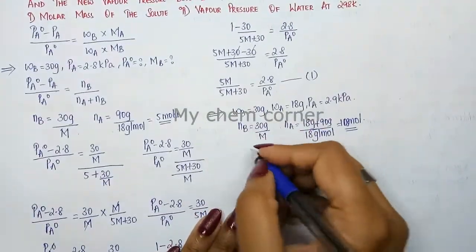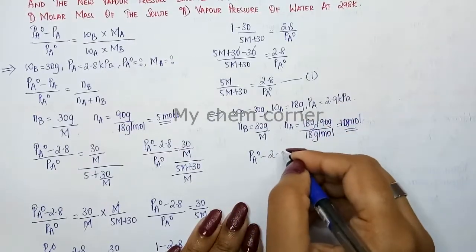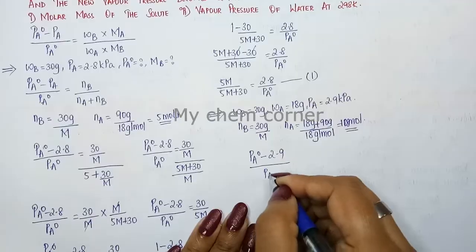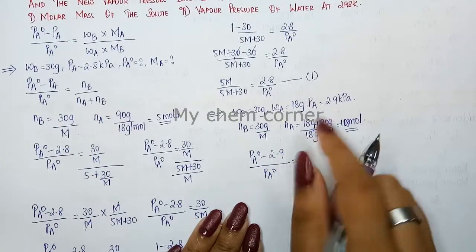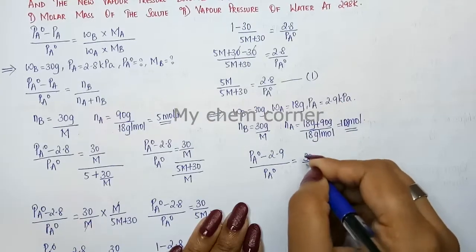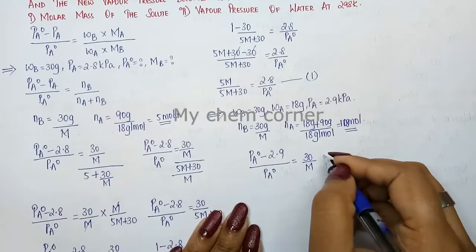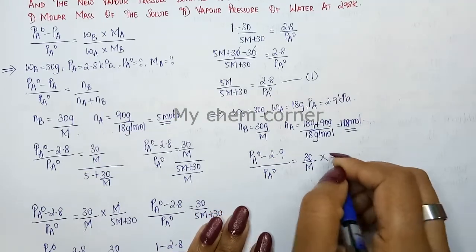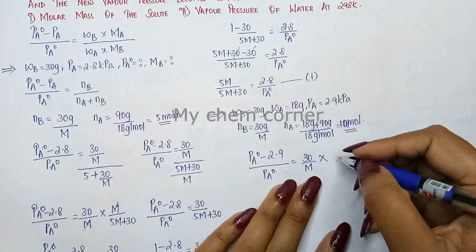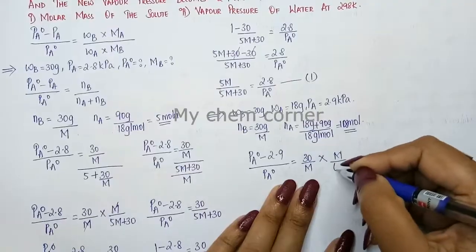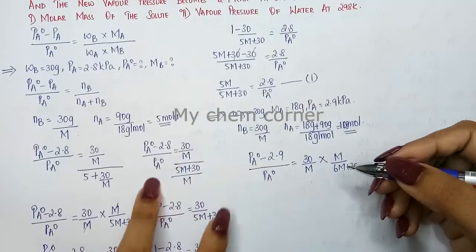Here the formula is PA naught minus PA, where PA is 2.9, divided by PA naught, equals NB. NB is 30 by M, and the whole thing is divided by 6M plus 30. So I did the same steps here.